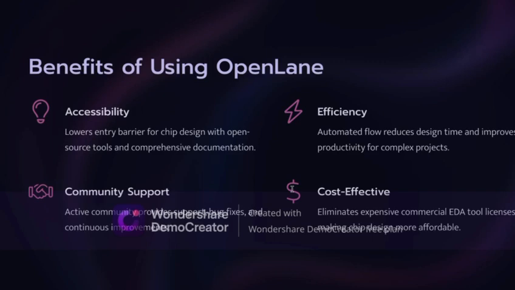And also community support: an active community provides support, bug fixes and continuous improvement. It also comes with cost effectiveness, which means it eliminates expensive commercial EDA tool licenses, which also means making a chip is a lot more affordable.